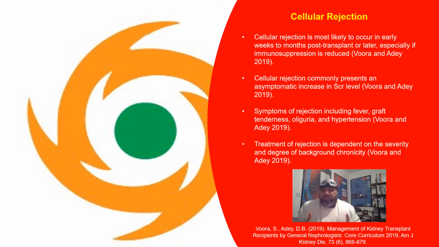Cellular rejection commonly presents as an asymptomatic increase in serum creatinine, and symptoms of rejection include fever, graft tenderness, and oliguria, where individuals may have a complete inability to void, or where the bladder can potentially be compromised, along with other complications.